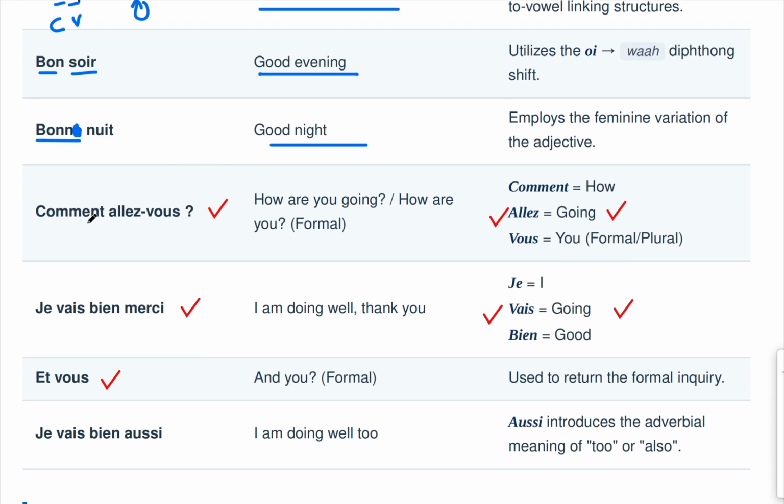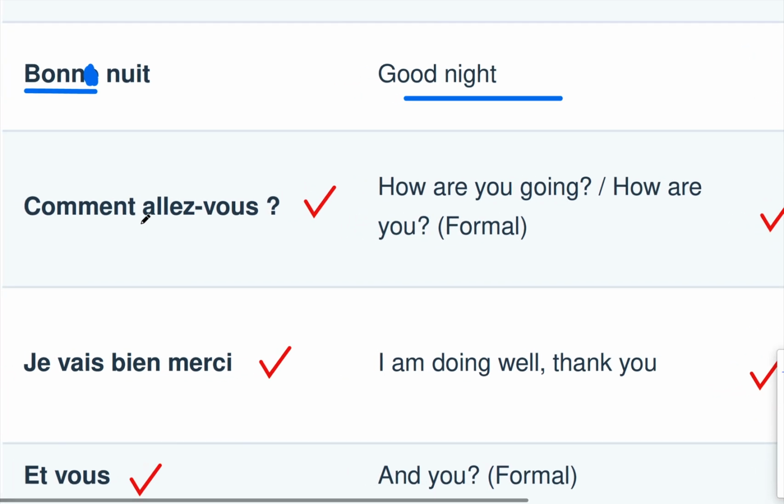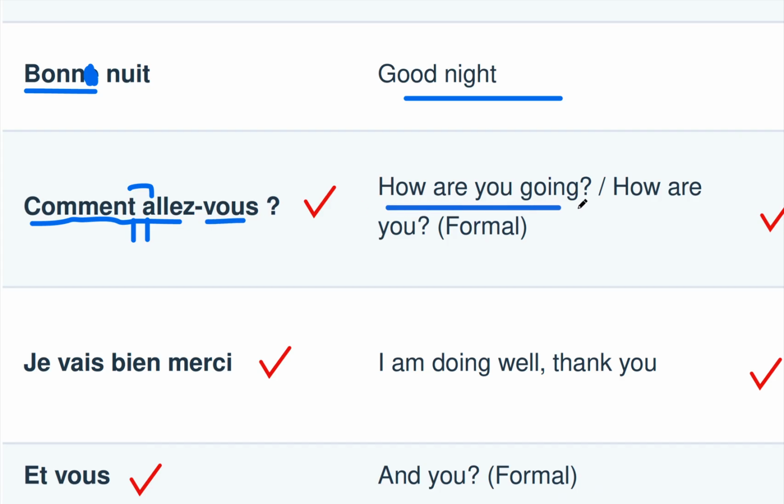So next, we have already done this at the start of the rule, where I told you T is a consonant and A is a vowel, so we'll be speaking it continually. It becomes ta. So it becomes comment allez-vous. Comment allez-vous means how are you doing or how are you.